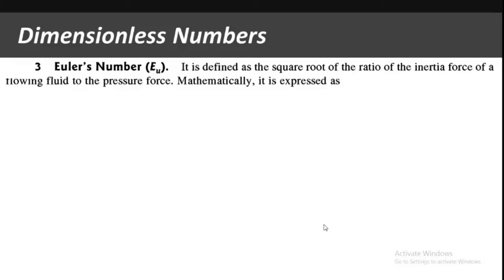ओके. देन नेक्स्ट इज Euler's number. So Euler's number can be mathematically given as the square root of the ratio of the inertia force of flowing fluid to the pressure force. Okay. तो जो आपका inertia force divided by pressure force है.